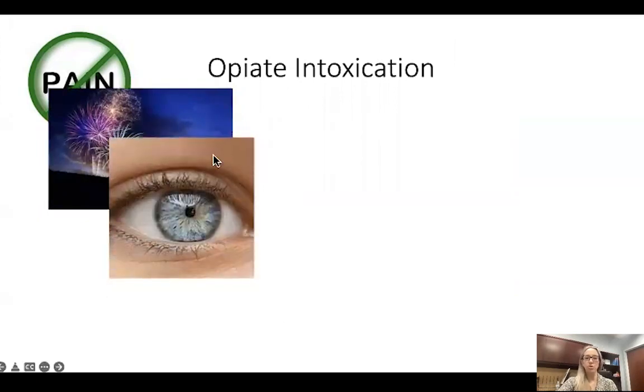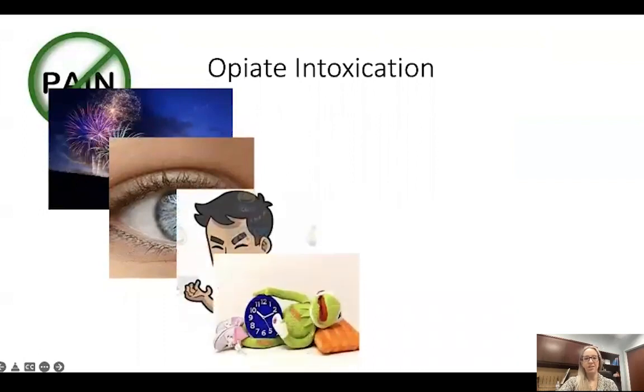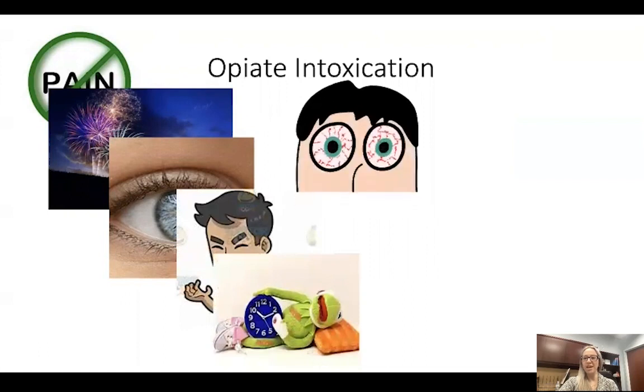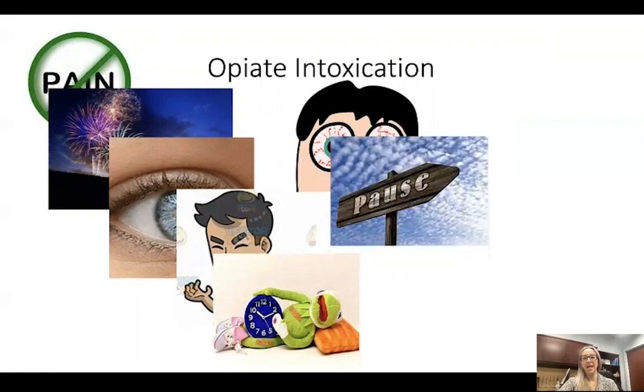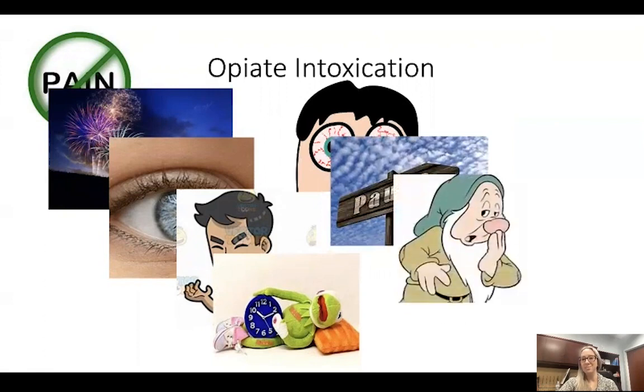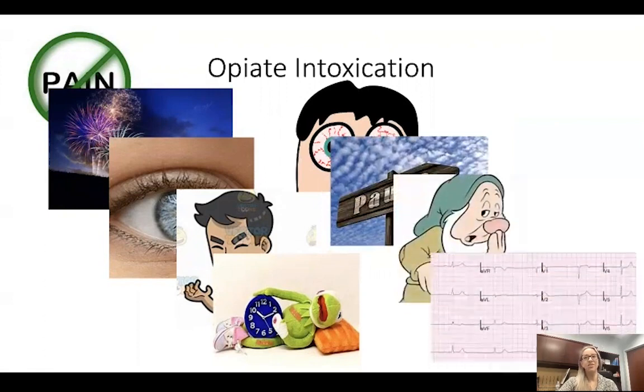Now, this isn't 100% an opiate intoxication, because with your chronic users, your pupils will actually adjust to this, so they might not be as miotic as you would expect. Constipation, sedation, red, itchy eyes, slow respirations, less cough, sleepiness. They might also be known as on the nod on the street. And then you might actually see bradycardia and hypotension. And this is all within the realm of opiate intoxication.